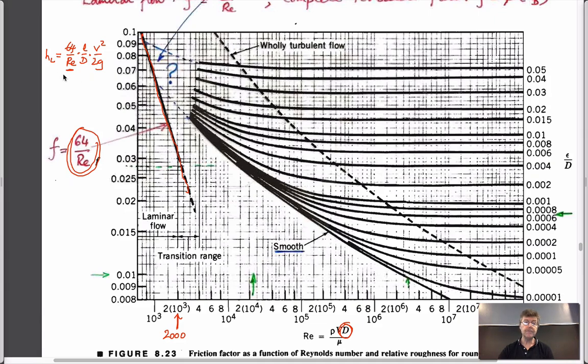So in the laminar regime, this is the magnitude of our head loss. This is the magnitude of the friction factor, which goes here. This is, by the way, for circular pipe.